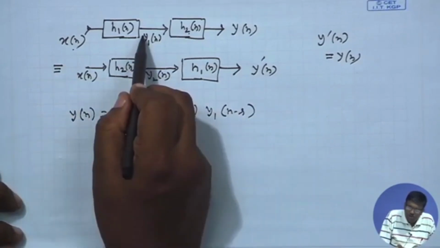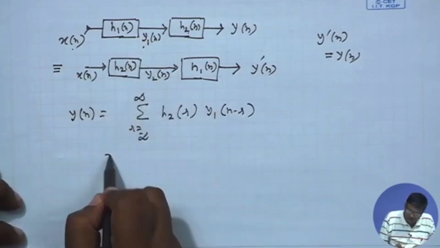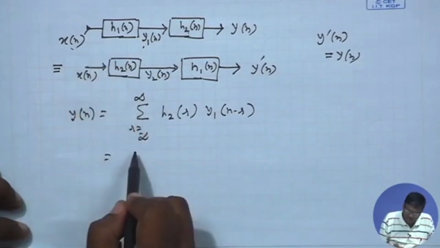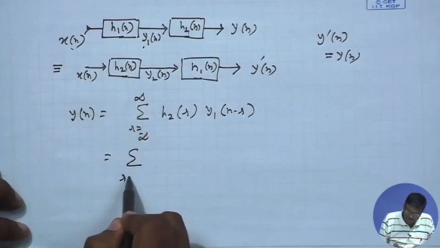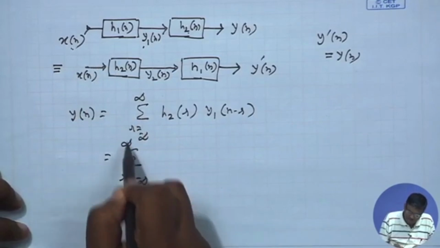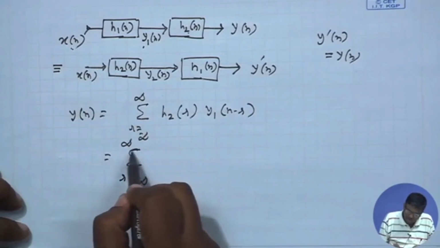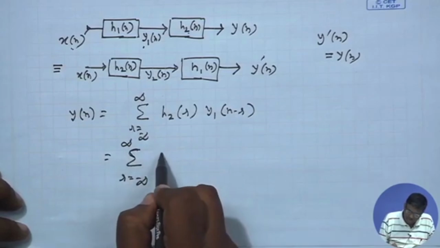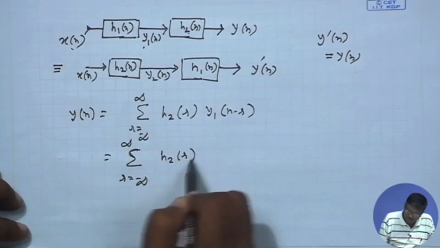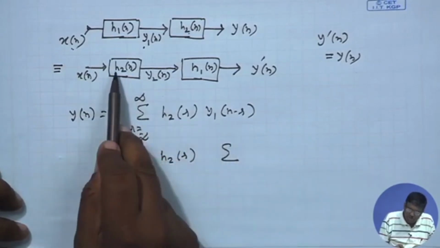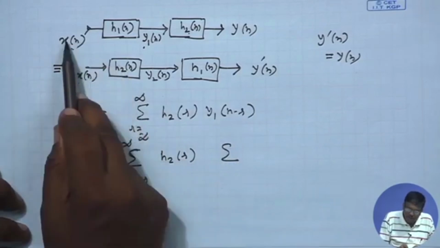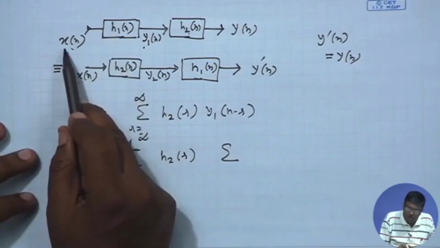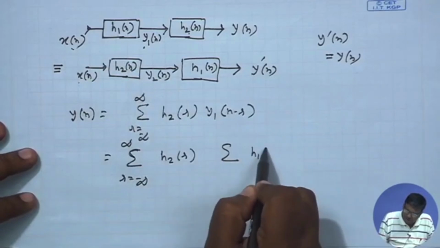What is y 1? It is a convolution between x and h 1, or equivalently h 1 and x. I will prefer h 1 and x.